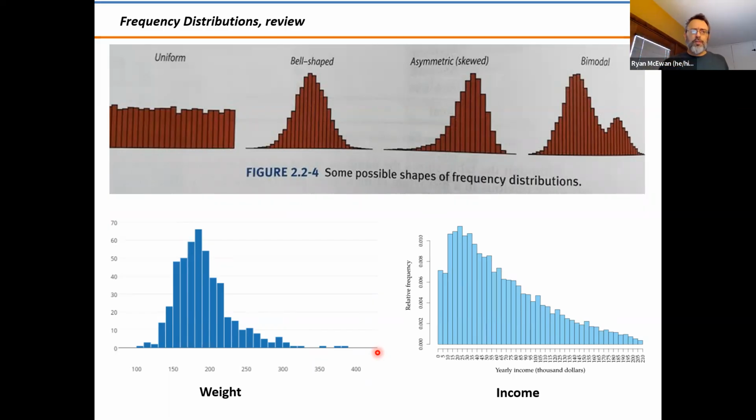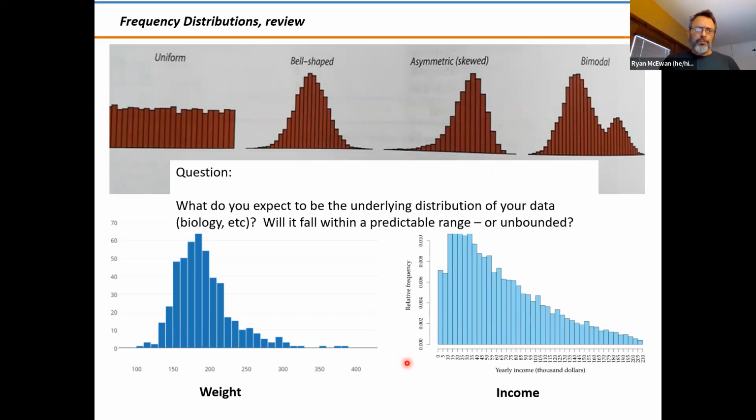So this is just something to talk about. I'll keep coming back to this. But fundamentally, this idea of the distribution underlies any statistical test. Here's a fundamental question. What do you expect to be the underlying distribution of your data? For example, I've mentioned nail depth before, or the length of your index finger.